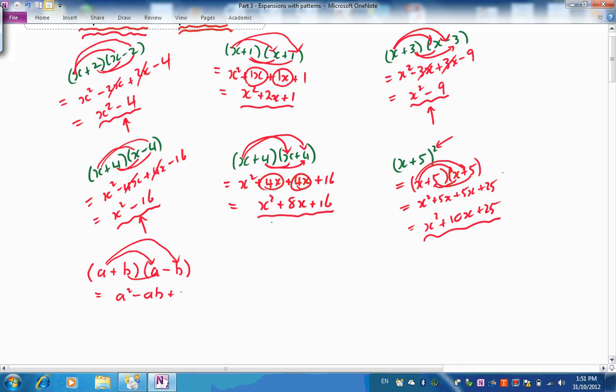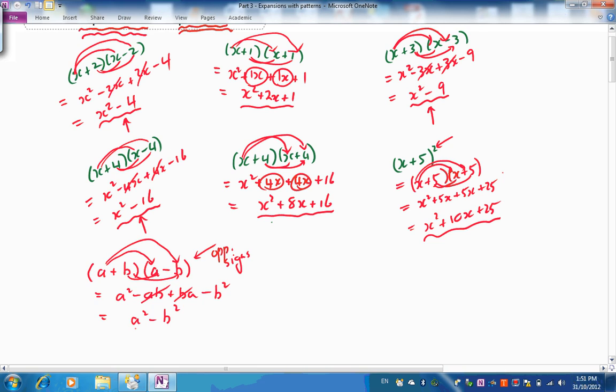B by A would give plus BA. That's why it wipes out. Neg B squared. Because in the 2 brackets here we have opposite signs, exactly the same terms, but with opposite signs between them. So you get that middle term wiping out.